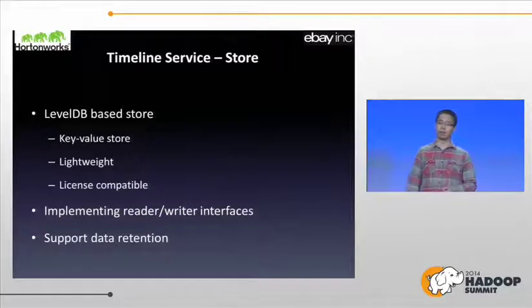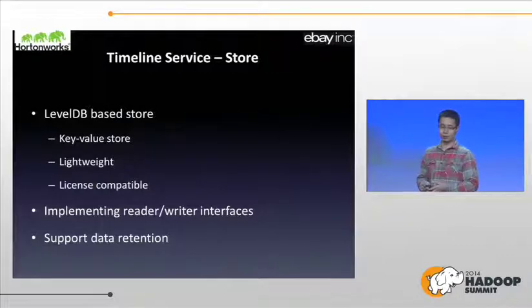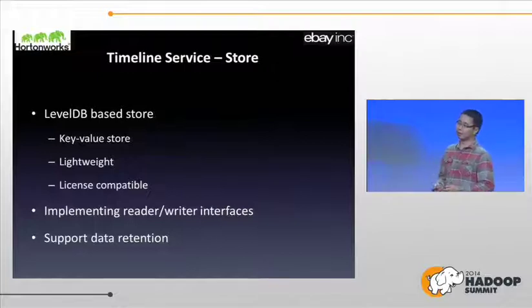The first one is about the store. Our timeline store is now backed by the LevelDB store. The reason why we chose LevelDB has 3 points. First of all, LevelDB is a key value store. It is a perfect match for our data model.